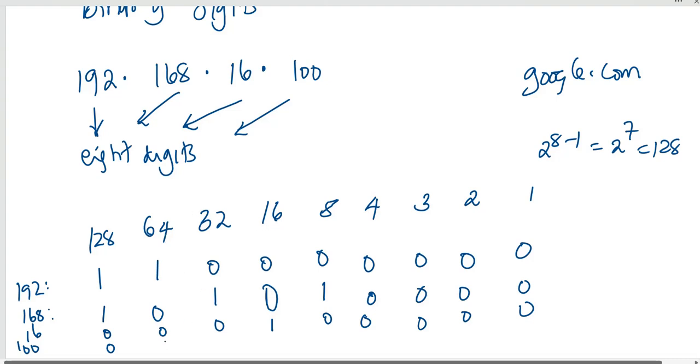So 64 is inclusive. If I add 32, it will become 96, meaning 32 is also inclusive. But if I add 16, it would go beyond 100, so 16 is not inclusive. If I add 8 to 96, it will also be beyond 100, but if I add 4, it will be 100. So 4 is inclusive and the rest are zeros.